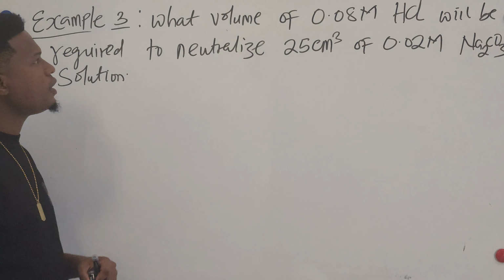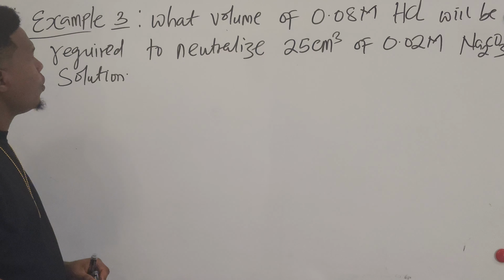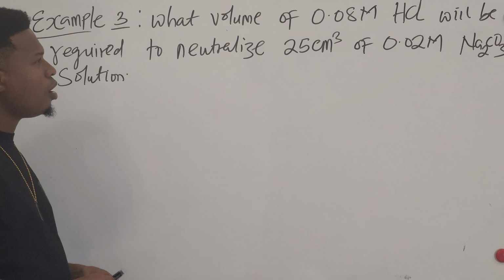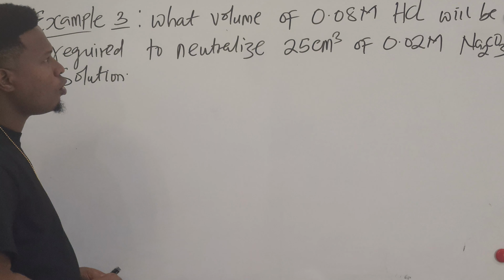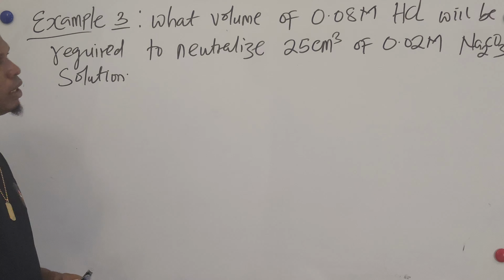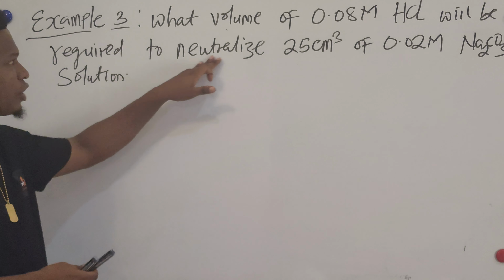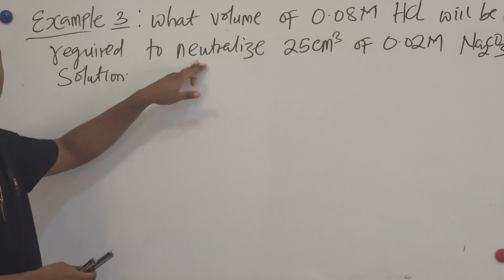What volume of 0.08 molar solution of HCl will be required to neutralize 25 cm³ of 0.02 molar solution of sodium trioxocarbonate(IV) solution? From this question, you will notice that there is a reaction called a neutralization reaction taking place.